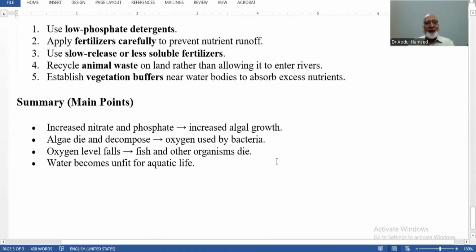Increased nitrates and phosphates will increase the algal growth. Then there will be death and decomposition of algae. Oxygen is consumed by the aerobic bacteria decomposing those algae. So the oxygen level will fall and fish and other organisms die and water becomes unfit for aquatic life.